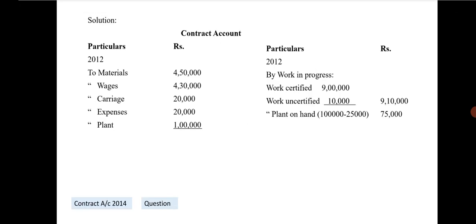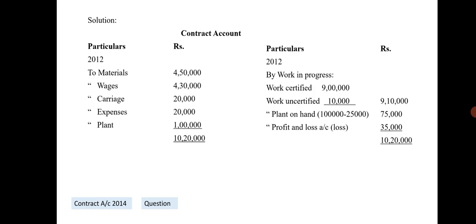When we calculate the profit element, you can see that the debit side is higher. We have 10 lakh 20,000 on the debit side. So obviously it is a loss for this year's contract account. Since it is a loss, the entire amount is shown on the credit side as loss. So profit and loss account, loss 35,000 is shown.